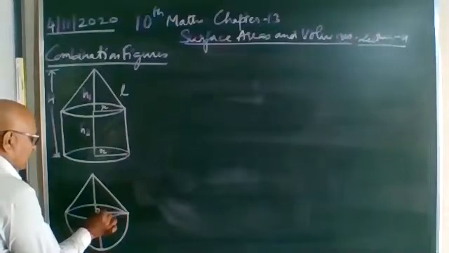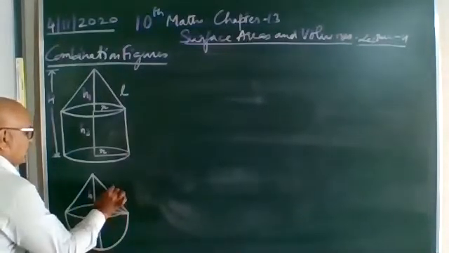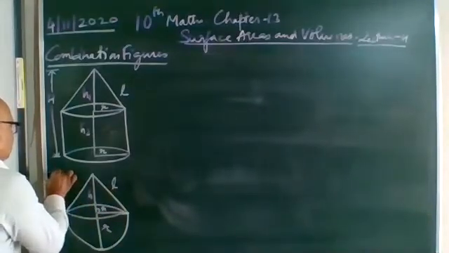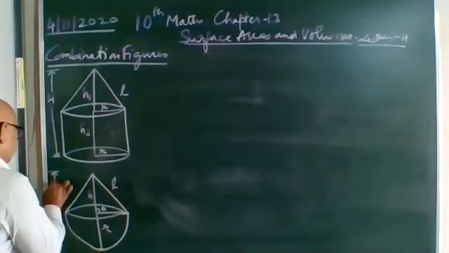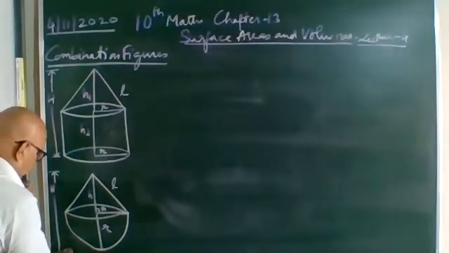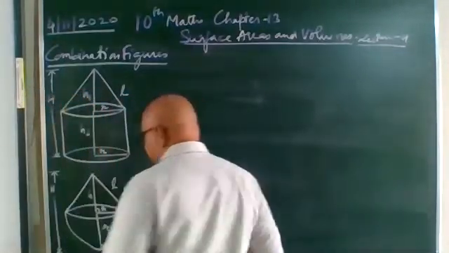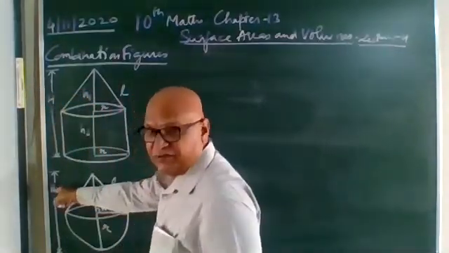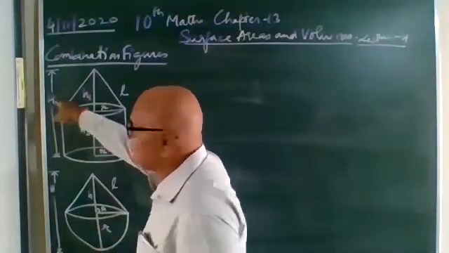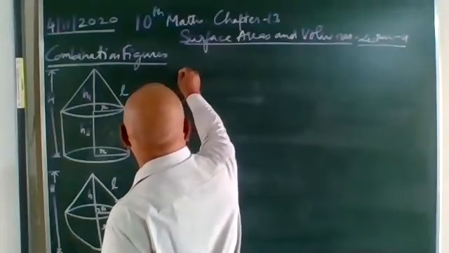Here this is R, this is H, this is L, and this is R. So this is capital H. In the second figure, a toy, capital H will be H plus R. In the first figure, H1 plus H2 is the total height.